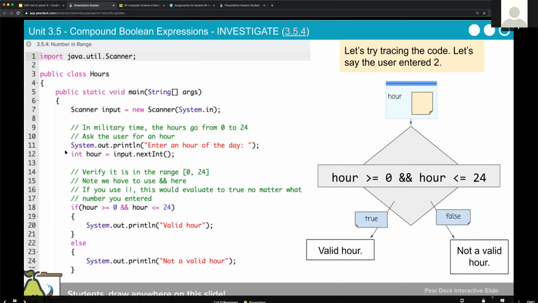So I want you to annotate on this slide how you would go through this flow chart if you were the computer. So start out by writing in the value of hour, and then kind of go down and evaluate if it's true or false, and then show me which way you would branch. I'll give you a moment to do that.